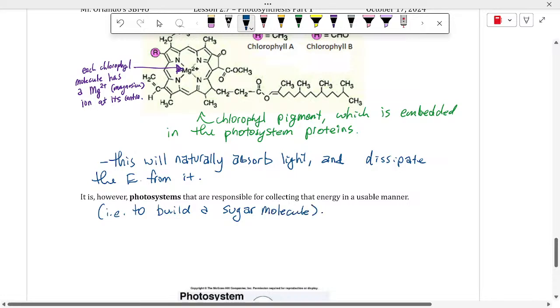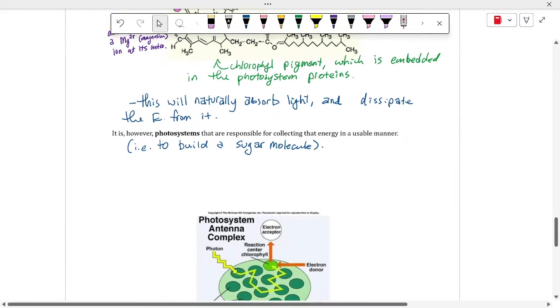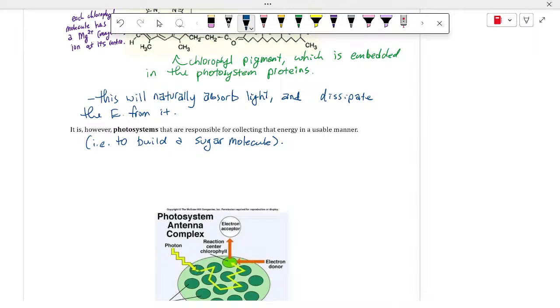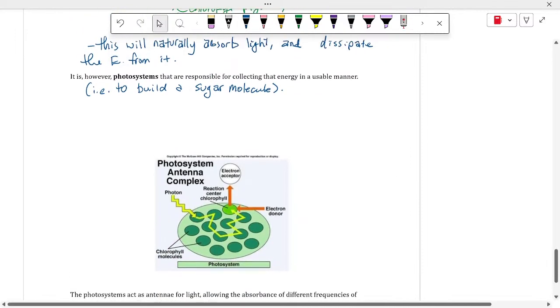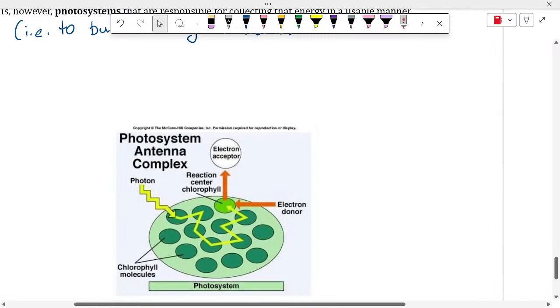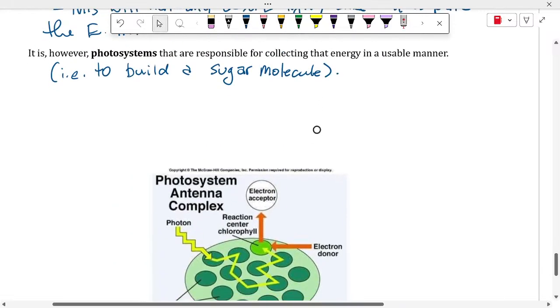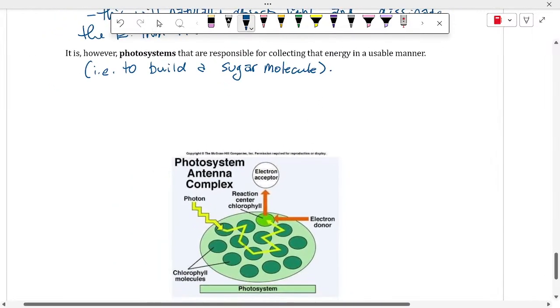So how's that happen? Well, we need to make sure that as photons come in, they collect electrons, right? The photosystem itself is a large protein that contains not one pigment, but a whole network of pigments.